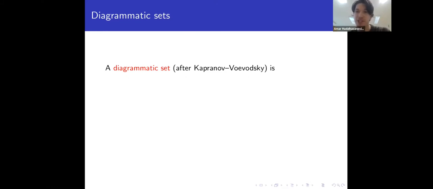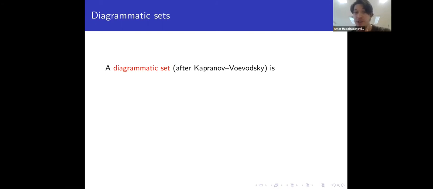So that could be the reason why this idea of diagrammatic sets that was in this paper has not really been taken up by anyone else that I could see. So part of this work was about seeing where we can get with it.